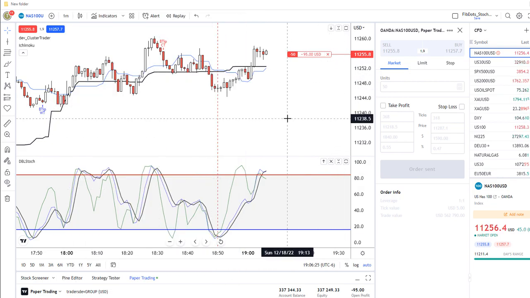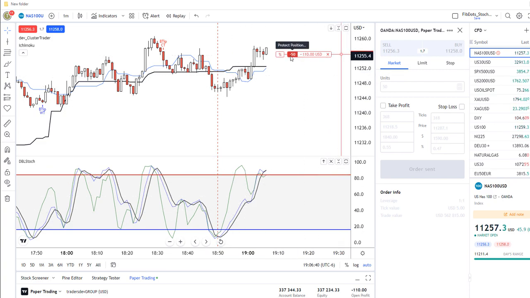Now, my stops and targets are a long ways away. So my current position is what? Perfect. Okay, short: A, it's red, and B, there's a minus sign next to it. Now, when I hover over that, do you see the vertical lines coming off of that? That's connected to my stop, which is above the market, and my profit target, which is below the market.